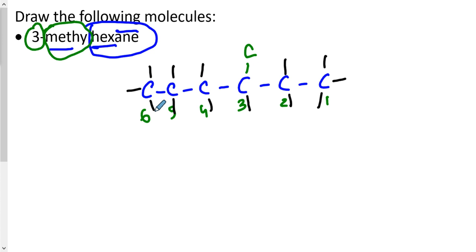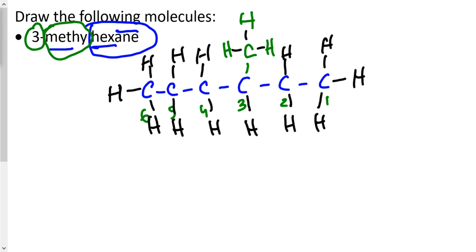I'm also missing bonds for the green carbon, which is an additional group of methyl. So I should draw the additional bonds. In this case, I have 3 more bonds. Then I have to add hydrogen for each of those empty bonds, and that's the most boring part, but you have to do it. What I need you to understand is the 3 hydrogens which are marked as green.